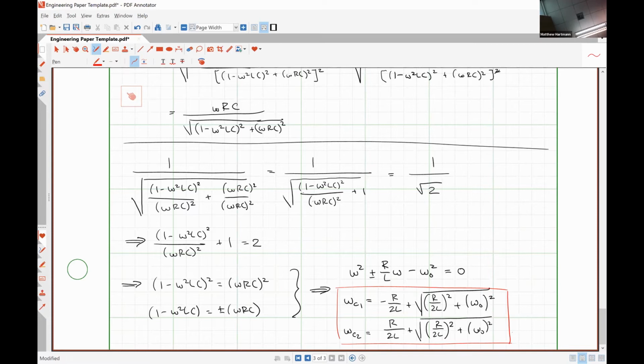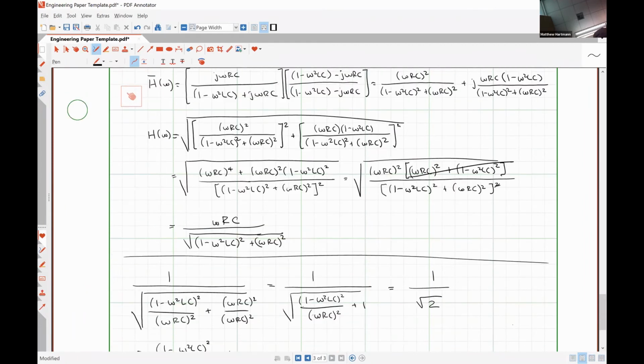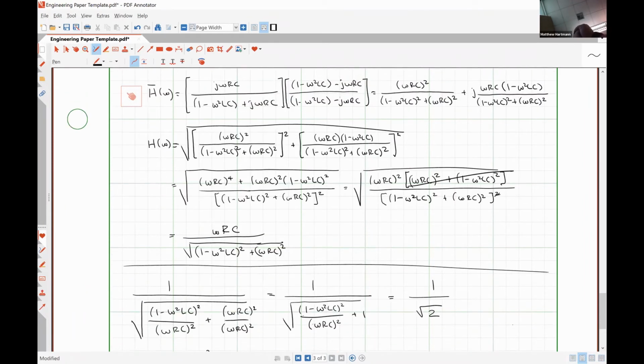For this particular filter, I think we haven't done the phase angle just yet, but if we look at this magnitude function up here, we could identify what type of filter this is. So by that, I mean, let's look at what happens when omega is equal to 0.